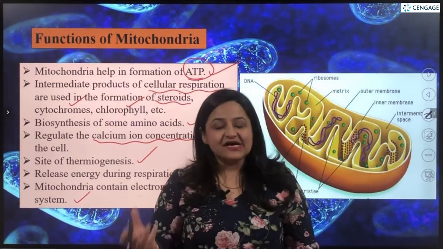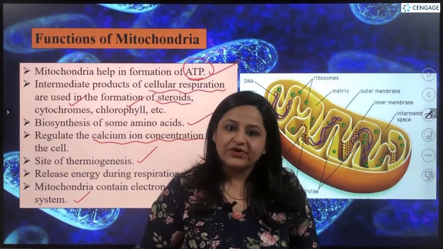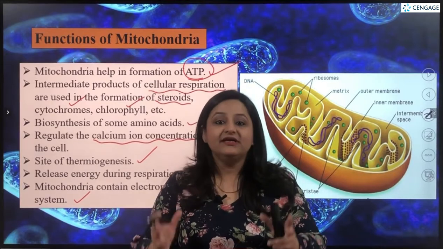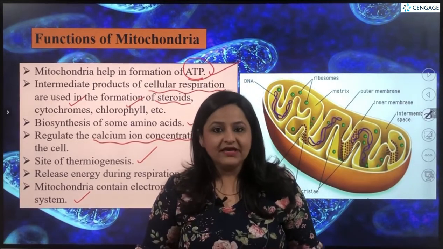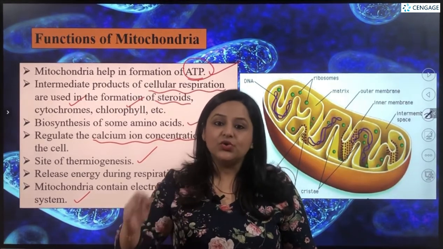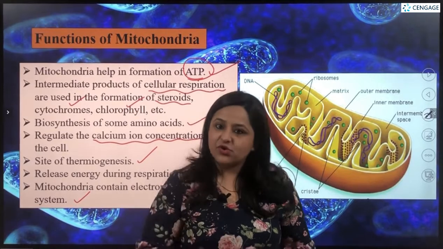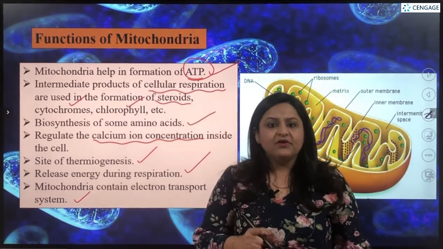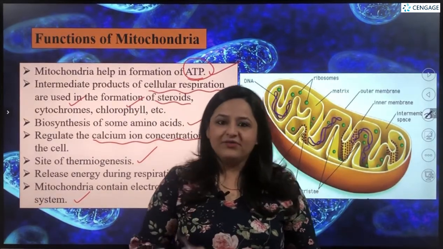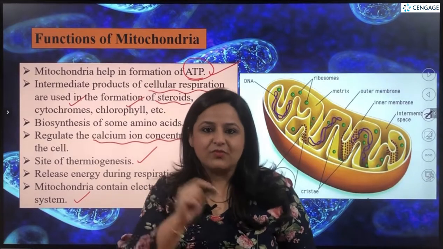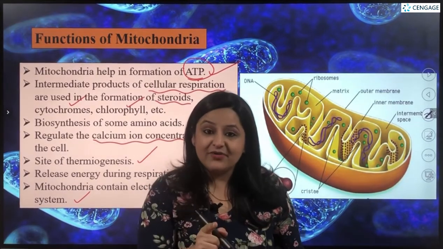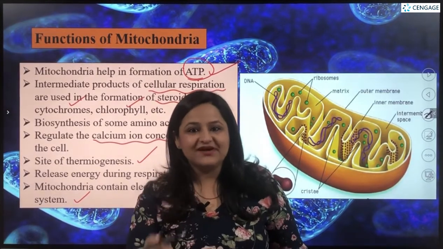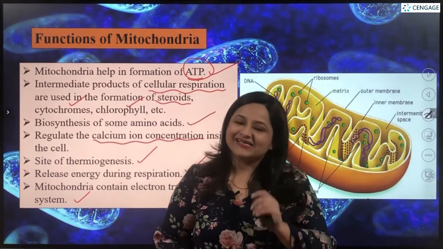So, these are some of the functions of mitochondria, which as an organelle is very important, and one thing, it is also known as a semi-autonomous organelle. Do you know there is also another organelle which is known as a semi-autonomous organelle? Just think about it, and then we are going to discuss this organelle in the next video.